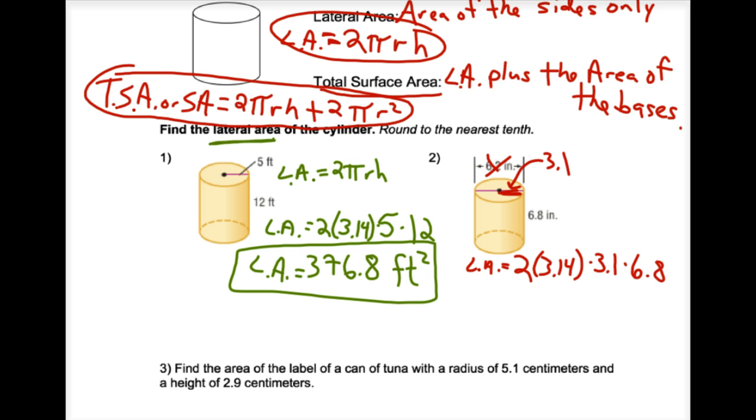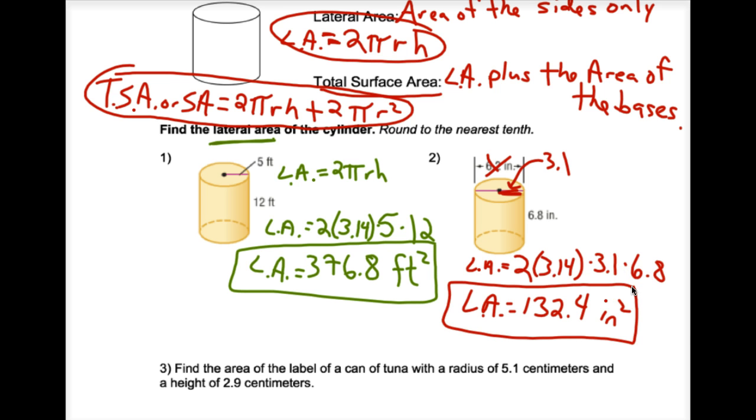Everybody practice typing that in and get it rounded to the nearest tenth. Grace McGuire, what'd you get for number 2? 132.4. That's what I got. The lateral area is 132.4 inches squared.